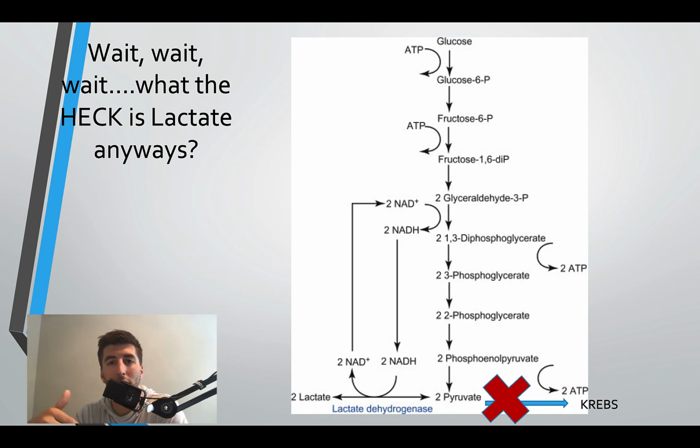So if we're using such an important molecule like NADH, then that means we have a very specific need for that lactate, right? One, we're trying to get through this ATP generation fast because we need the ATP.